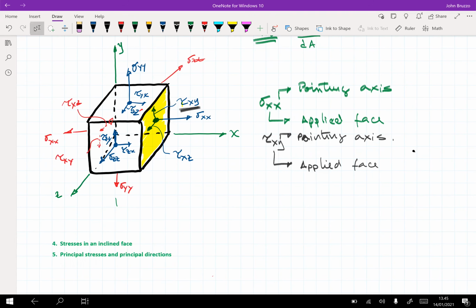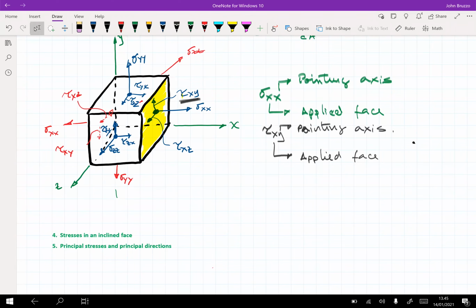We need to use some sort of convention to decide if a stress is positive or negative. For this purpose we will use what is called the Von-Karman convention.